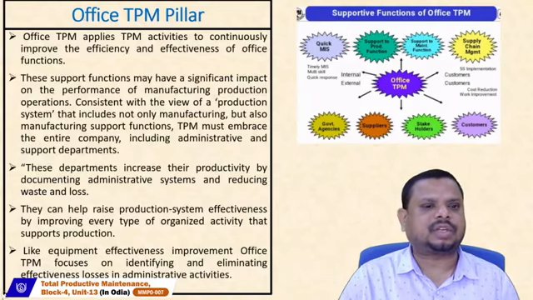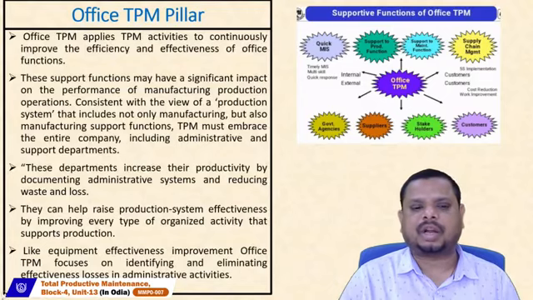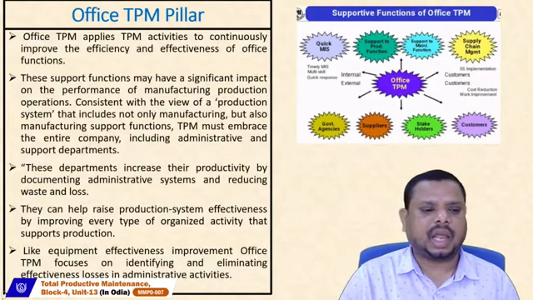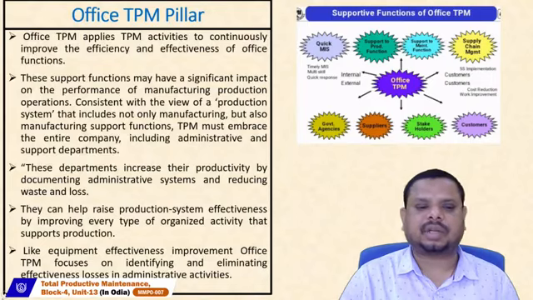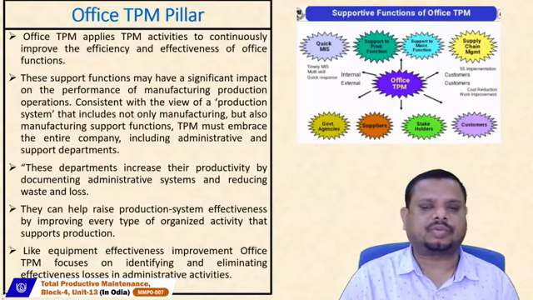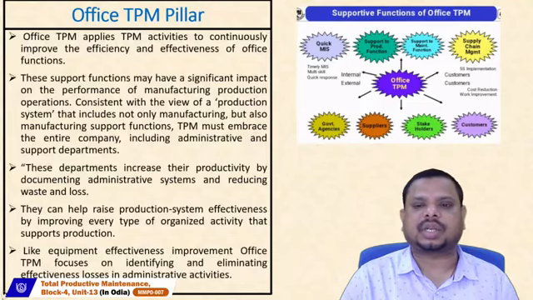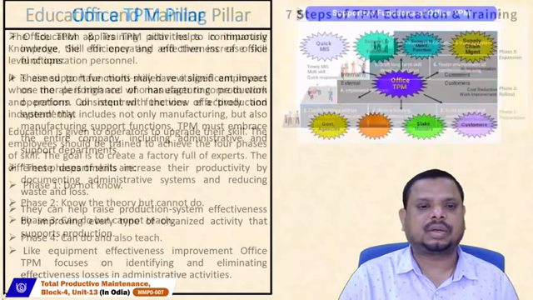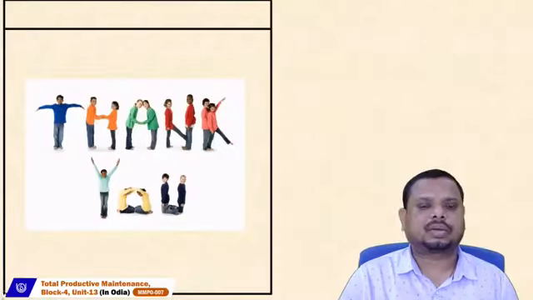Under the Office TPM pillar, these departments increase productivity by documenting the administrative system, reducing losses and waste, and they can raise the production system effectively by improving every type of organized activity that supports the production activities. For example, for equipment effectiveness improvement, TPM focuses upon identifying and eliminating the effective losses in the case of administrative activities. So, thank you.